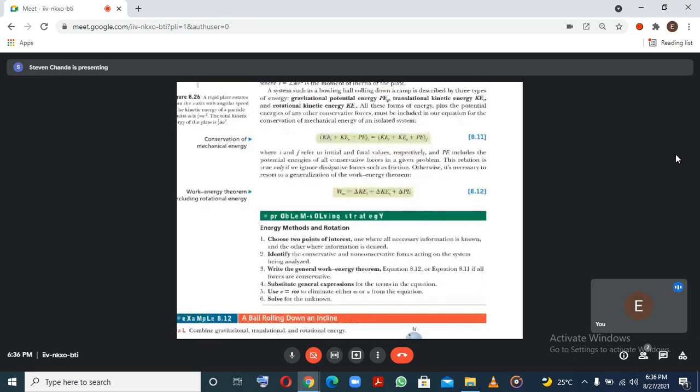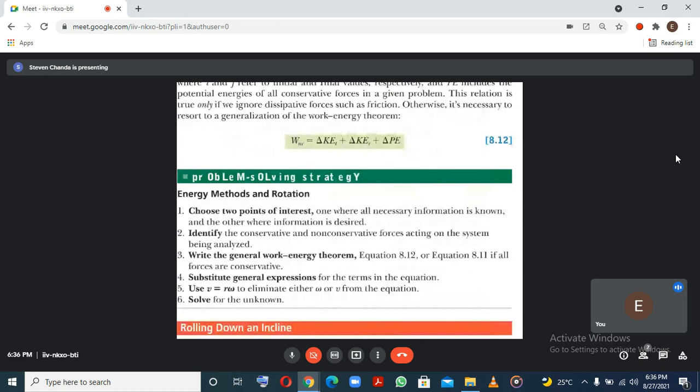Remember, like we were looking at with work energy, you always want to identify the point where the thing started and where it's ending, initial and final. Then you have to ask yourself, what conservative forces do I have here?